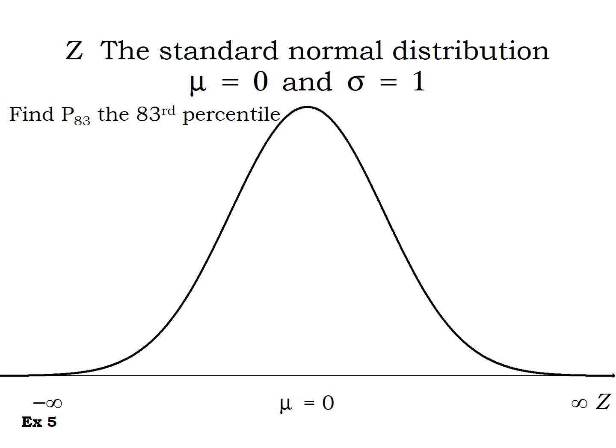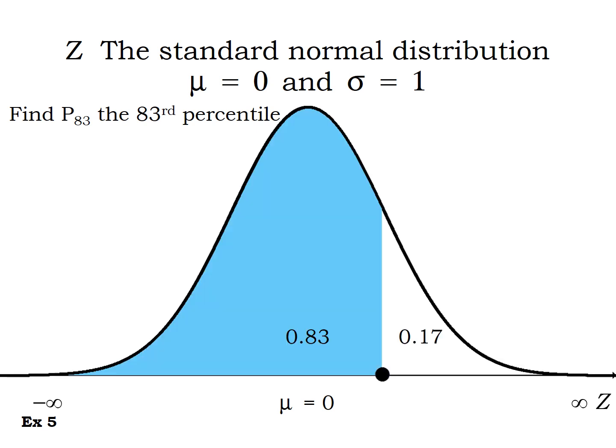Half the area is to the left of 0, half is to the right, so 0 is the 50th percentile. 50% of all z-scores are 0 or less. Now we want the 83rd percentile, bigger than 83% of all z-scores, so it's got to be somewhere to the right of 0. This is the point that separates the bottom 83% of all z-scores from the top 17%.